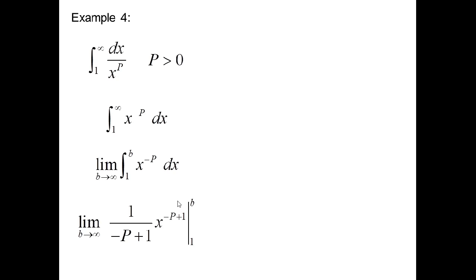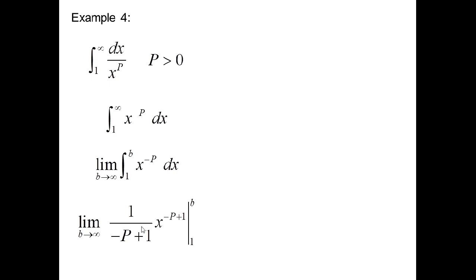All right, so when we do that antiderivative, we increase the exponent by 1 and divide by that number, and we get that. So we're dividing by negative p plus 1, and we have x to the negative p plus 1.